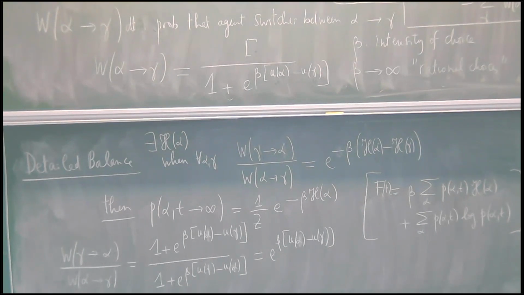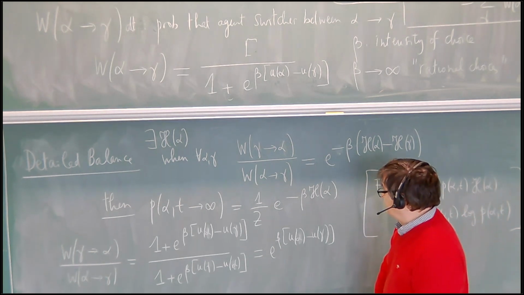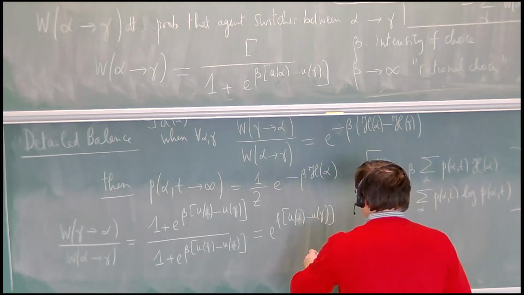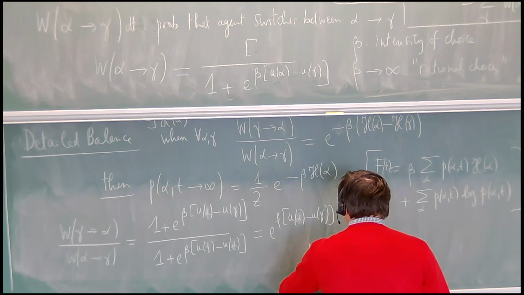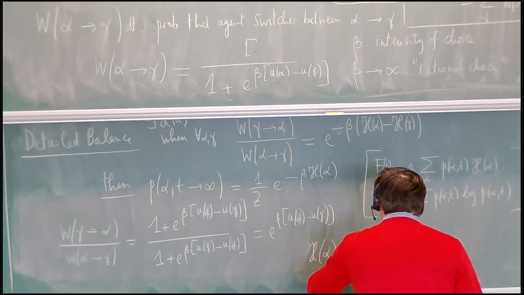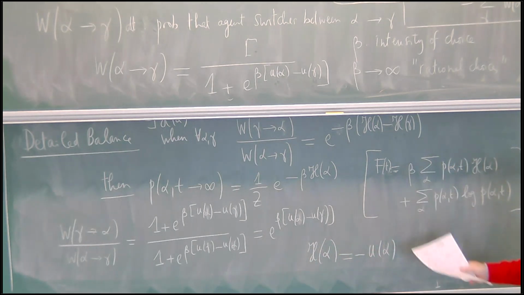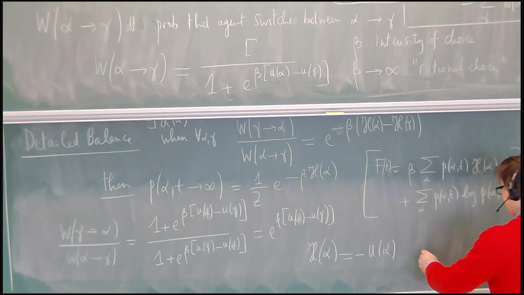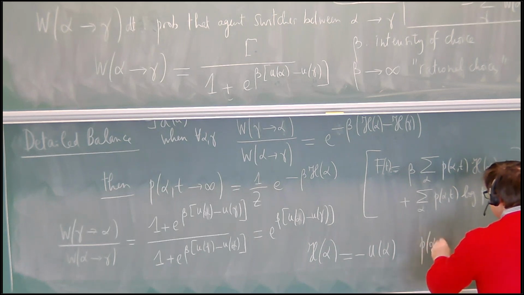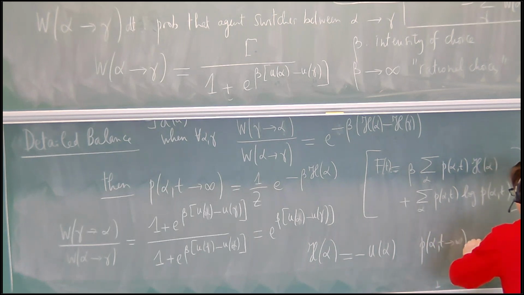So you see that in this case, by identification, if I choose H alpha equals minus U of alpha, then I get the same result, and therefore the long time state of the system is that choices are made proportionally to the exponential of the utility function.